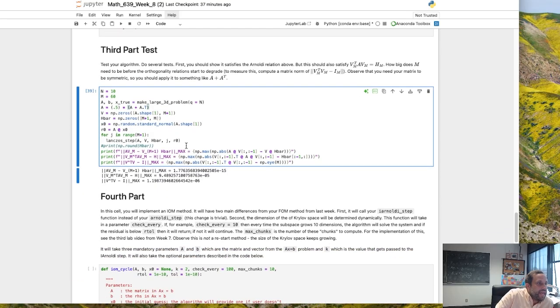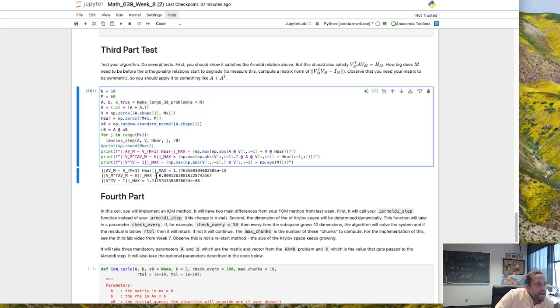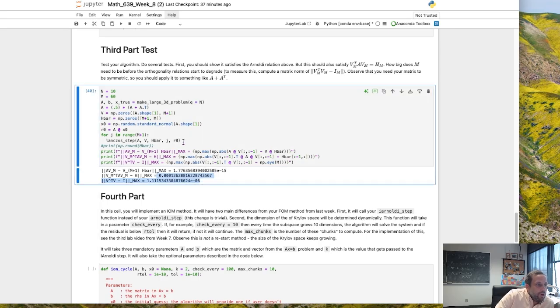The other thing that this shows us is that even though mathematically all of these should be equal to 0, because we are not doing perfect arithmetic and we're doing floating point arithmetic, we start to lose the orthogonality. We start to lose the global orthogonality. Even though mathematically it should be orthogonal, the floating point introduces errors, and those errors propagate and build up.